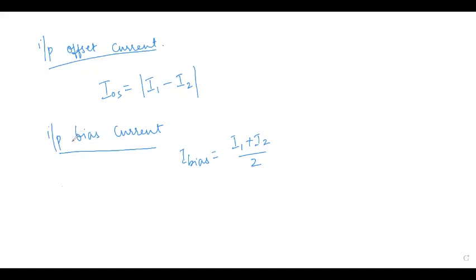The next one is SVRR, also called as PSRR. SVRR means supply voltage rejection ratio.